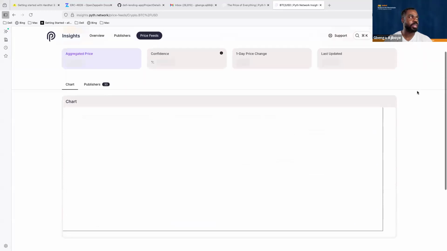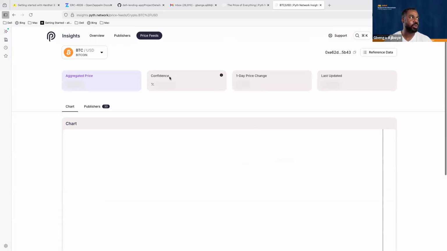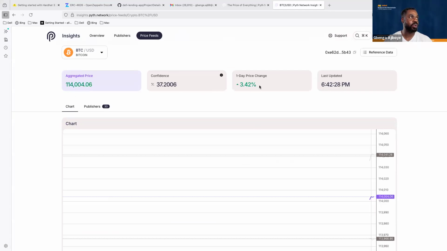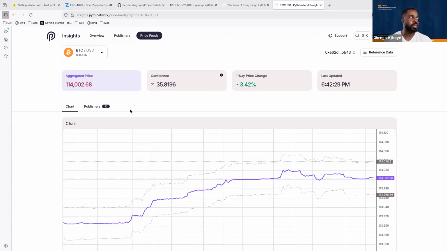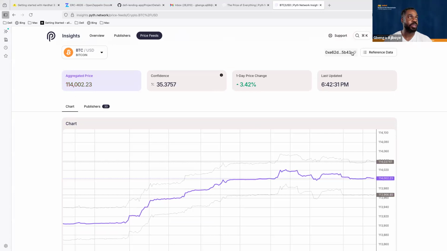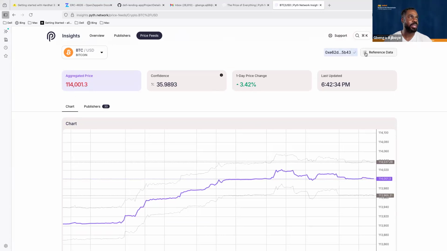This service provides the price of Bitcoin aggregated from several sources. They give you a confidence level, and so you can use this within your loan. This is a price feed ID.